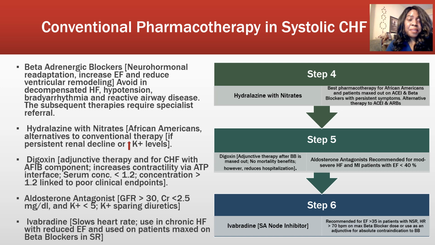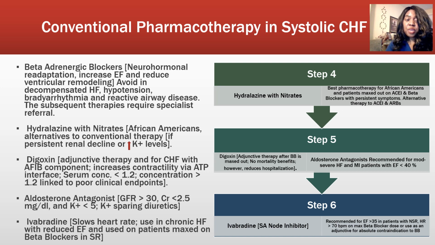Digoxin, recommended as an adjunctive therapy, and for patients with CHF who have an AFib component. Main mechanism increases contractility via ATPase inhibition. Serum levels should be less than 1.2.